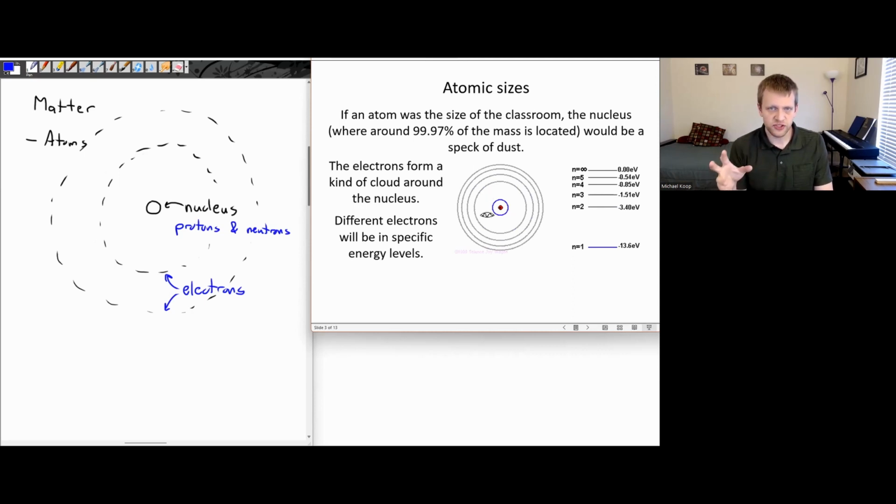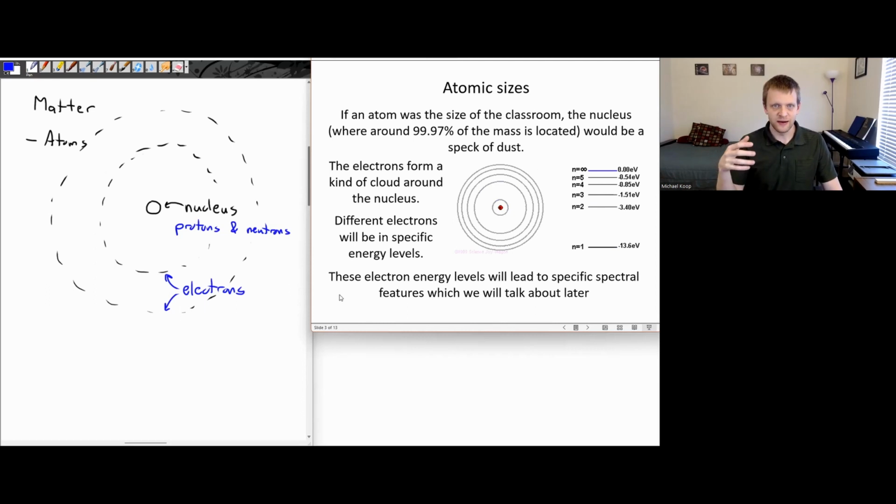We're not going to worry about this too much right now, but later on when we talk about spectroscopy, these electron energy levels are going to become very important, because if an electron absorbs or emits a photon, a bit of light, how much energy they can absorb and how much energy they can emit depends on exactly how these electrons make those specific jumps. Again, we'll be talking about that in a lot more detail later on when we talk about spectroscopy, but that is going to have some important consequences.